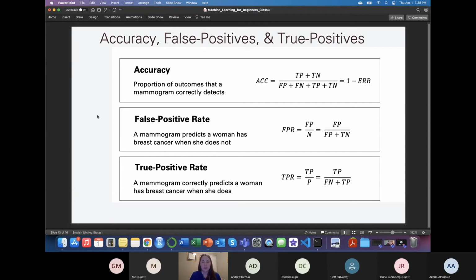We can look at false positives and true positives. So accuracy tells you the proportion of the rows or values that you tried to predict, how many of them you got right. So the number correct over all of the values in your data set.